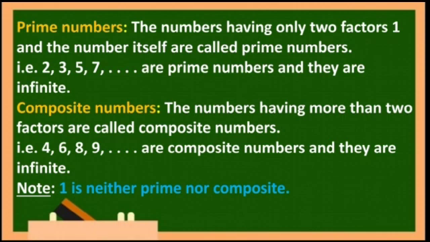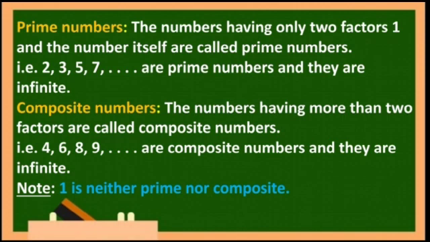Now let's define composite numbers. The numbers having more than two factors are called composite numbers. That is, 4, 6, 8, 9, etc. are composite numbers and they are infinite. Note that 1 is neither prime nor composite.